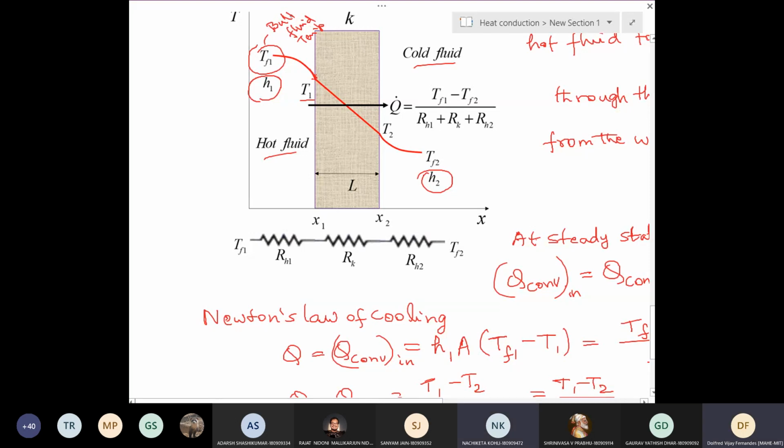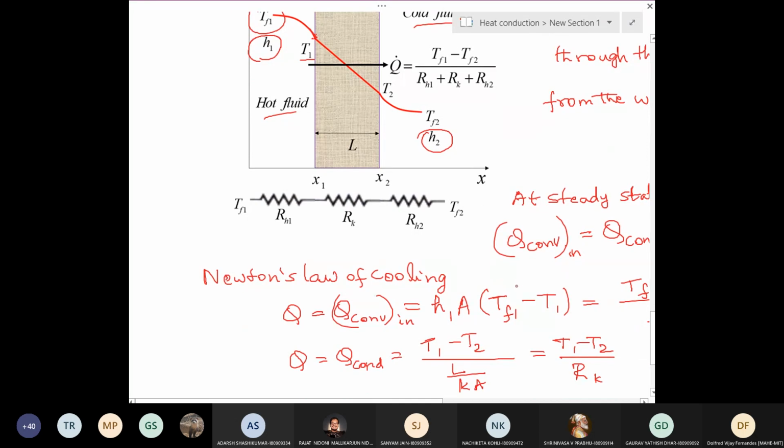That temperature is considered in the estimation of heat transfer, not the temperature exactly very close to the wall.